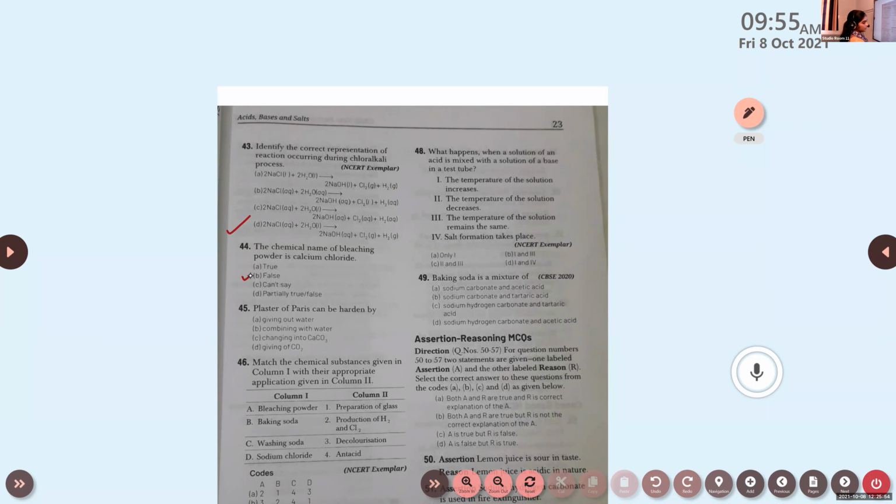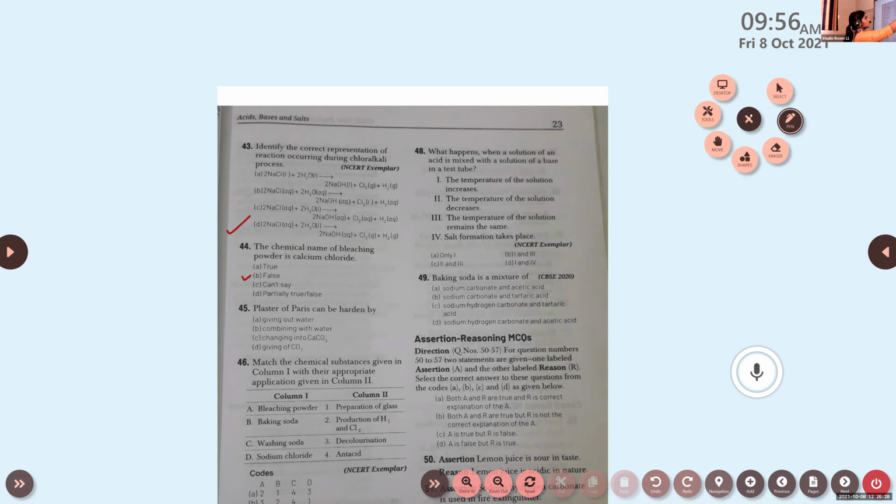Then question number 45. Plaster of Paris can be hardened by option A, giving out water, option B, combining with water, option C, changing into CaCO3, option D, giving off CO2.